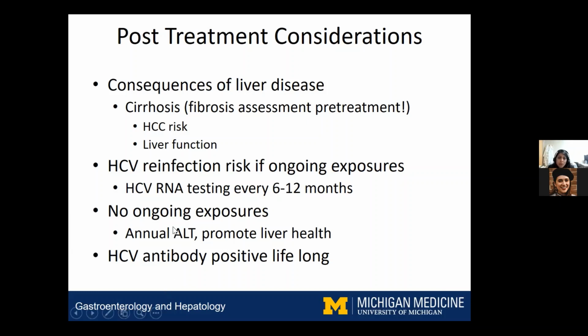If you have no ongoing exposure, do an annual ALT and promote liver health, minimizing excessive alcohol use. And remind patients not to panic if their Hep C antibody is checked by another doctor, because that is expected to be positive lifelong. It's really a marker for ever having been infected, and it doesn't go away with a cure.